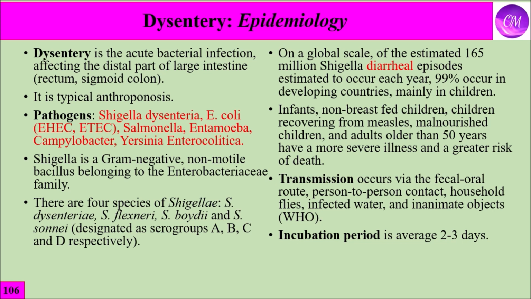Infants, non-breastfed children, children recovering from measles, malnourished children, and adults older than 15 years have more severe illness and a greater risk of death. Transmission occurs via the fecal-oral route, person-to-person contact, household flies, infected water, and inanimate objects. The incubation period is on average 2 to 3 days.